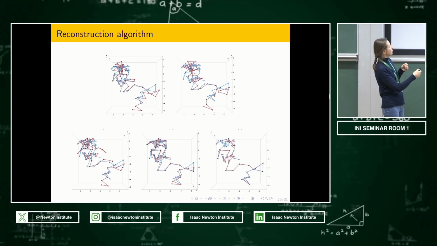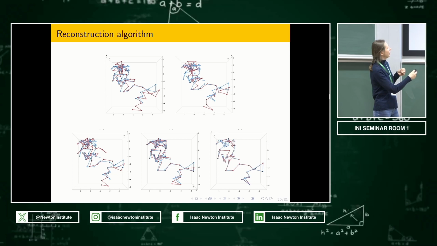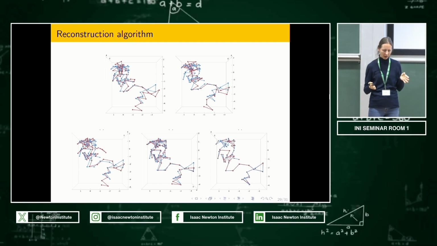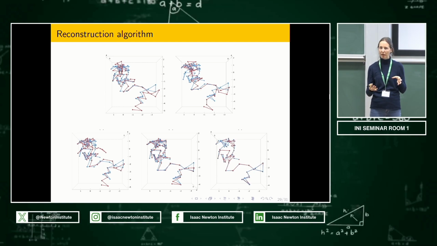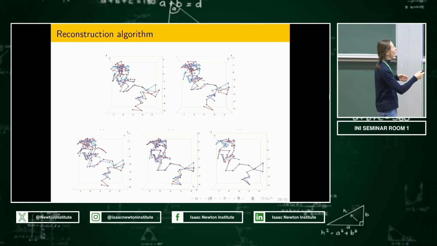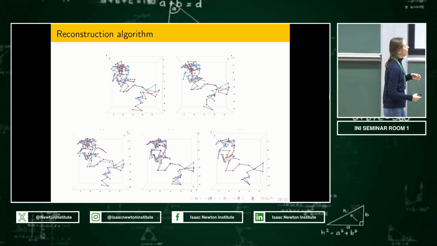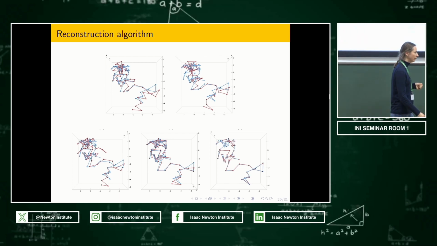Okay? And so this was the unit ball model. The reconstruction is, I would say, not so good, or it's quite off, but this is also in accordance with our theoretical results, that there is no unique reconstruction, right? So there is no hope that we could reconstruct exactly the structure that we started with.